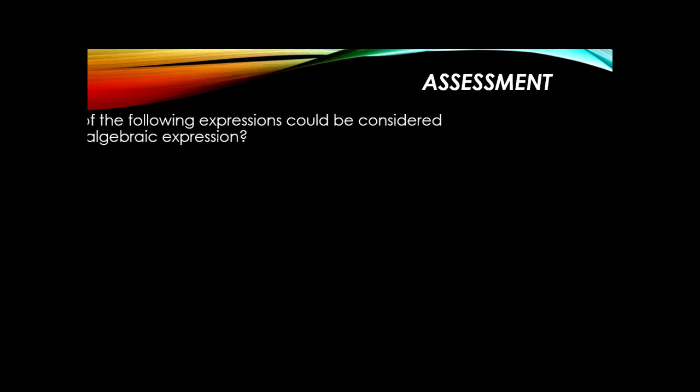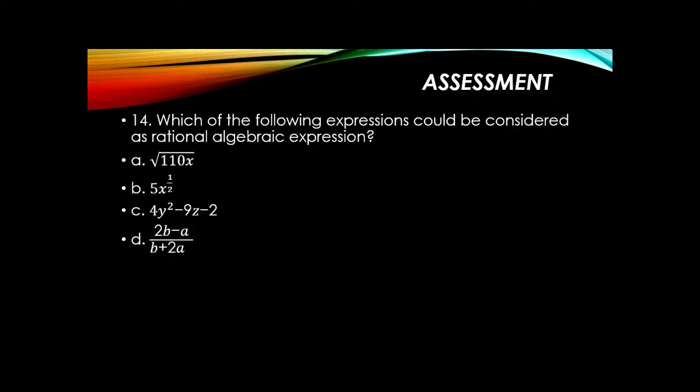Number 14. Which of the following expressions could be considered as a rational algebraic expression? Okay. Letter A, square root of 110x. Letter B, 5 raised to the power of 1 half.